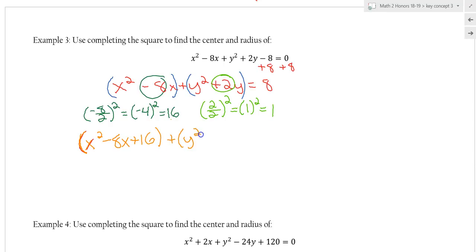That was my y squared plus 2y. I have to add 1 to this one. On my other side, I have to add 16. I also have to add 1. So when you have two numbers, right, you have to add them both times.